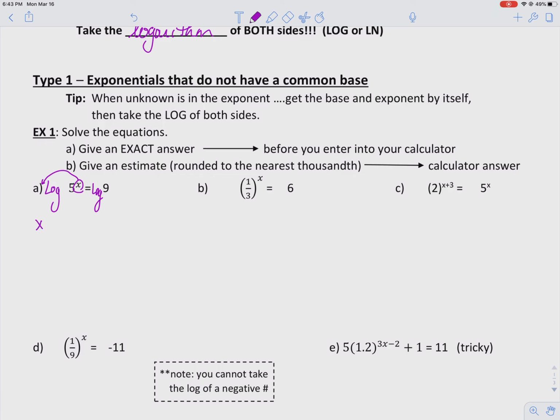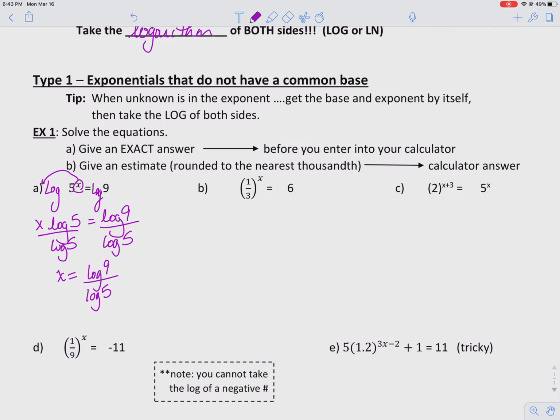So I'm going to pull the x down. Now, since it's on the ground floor, we can work with it. We can get the x all by itself by dividing both sides by the log of 5. So my exact answer is log of 9 over log of 5.